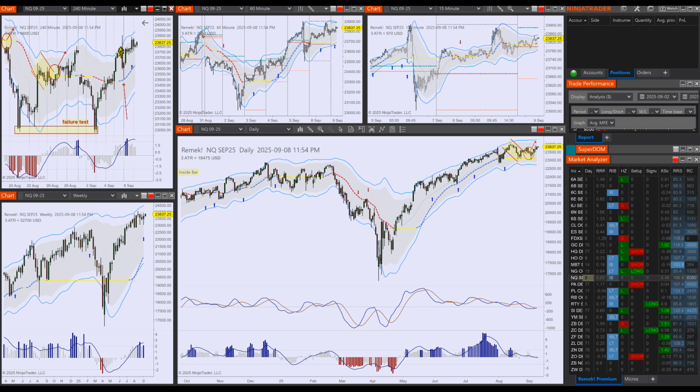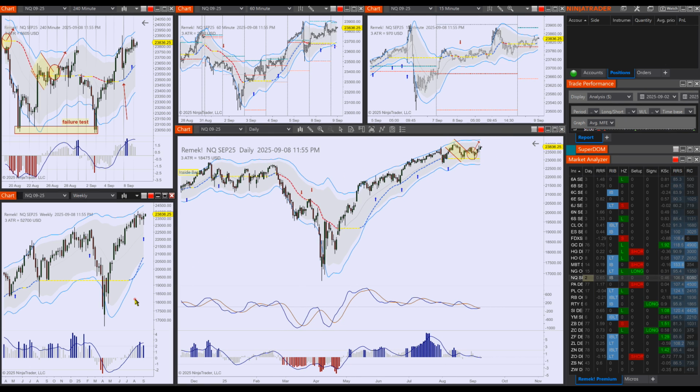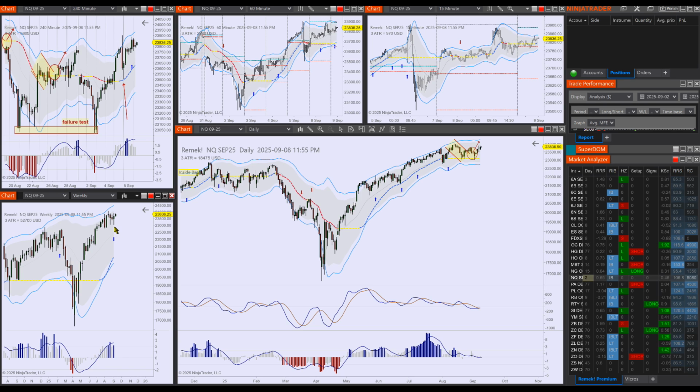We had another one, went to the opposite Keltner. This is standard price action on our charts. We have the long signal. We have every indication that this NQ is also pushing to the upside, and actually this push is quite forceful. Look at the weekly chart. We also have failure tests here visible on the weekly, which is the same failure test that we are seeing here on the 4-hour chart.